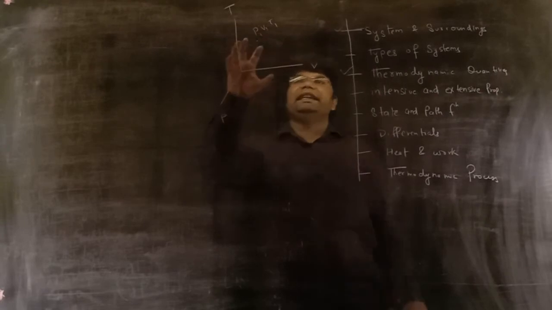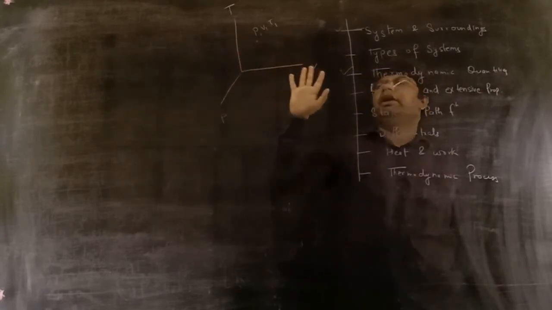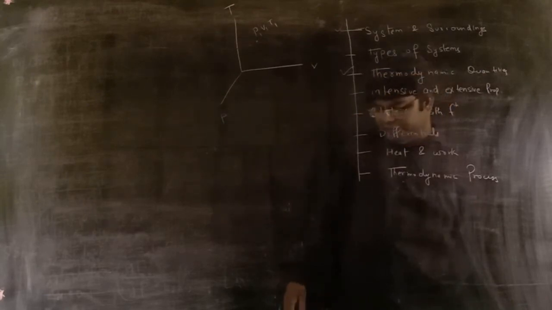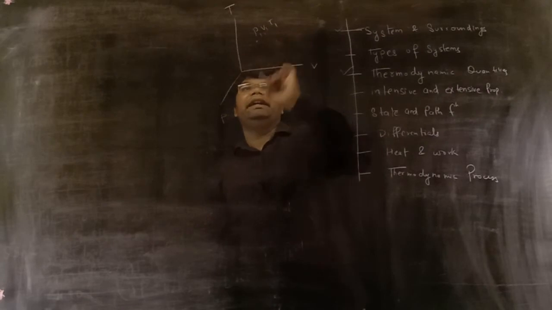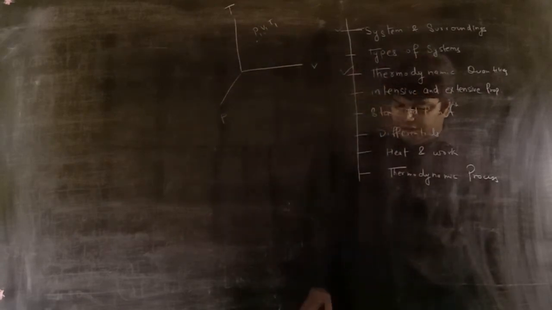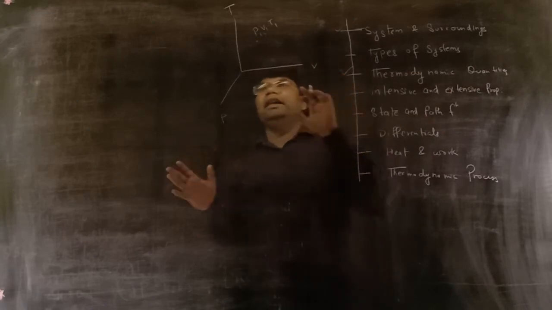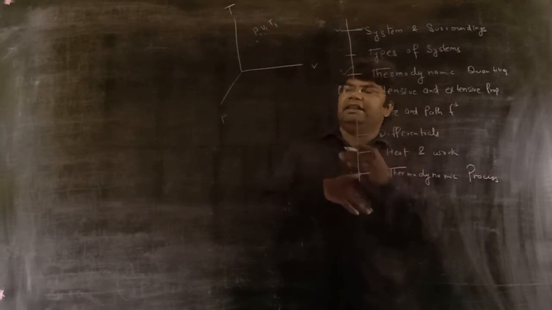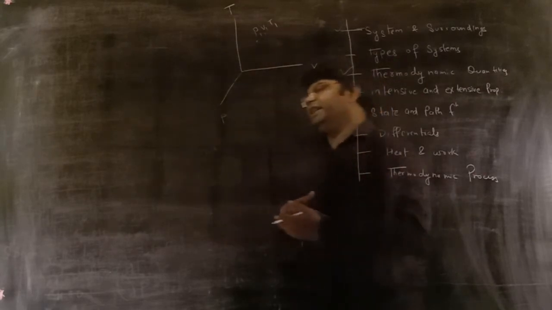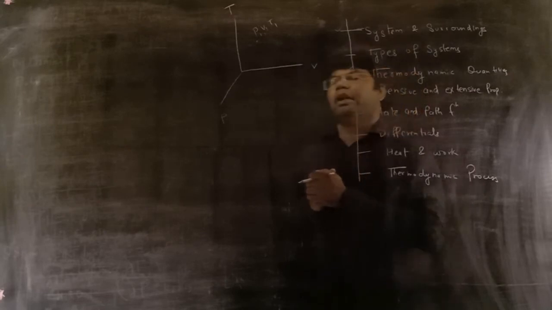So this point is mathematically the state of a system, meaning the system is at pressure P1, volume V1 and temperature T1. This state will remain unchanged until we apply some external force in the form of heat or work.